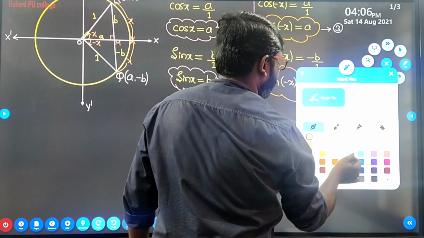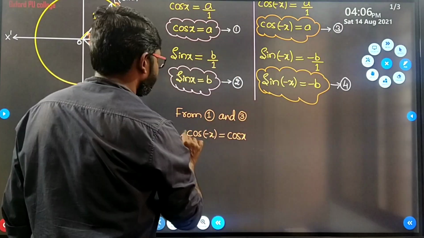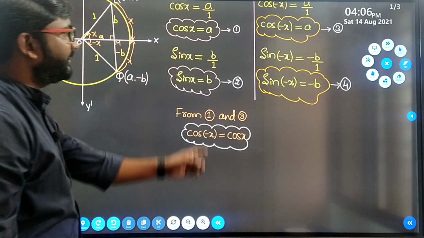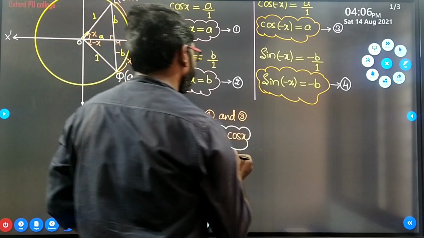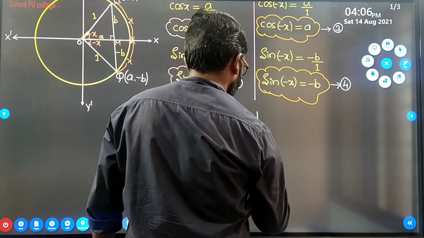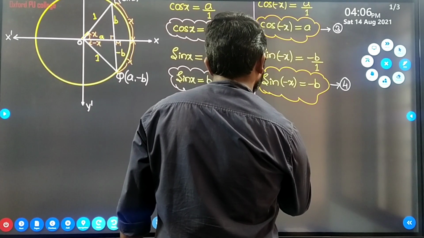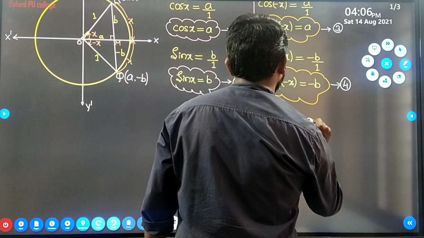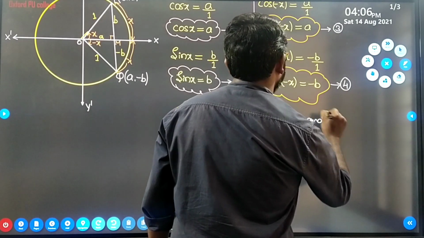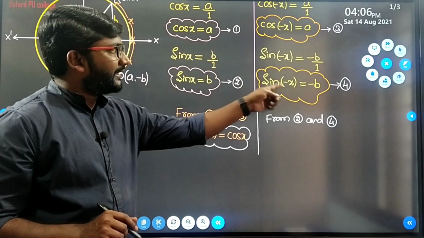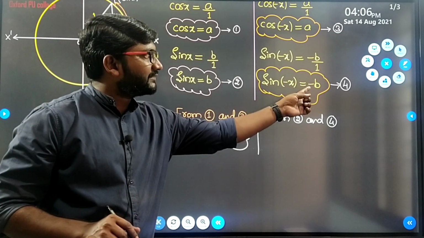So now compare the other equations. Then compare equation 2 with equation 4. What do we get? From equation 2 and equation 4, we can write sine of minus x is equal to minus, write it as it is.